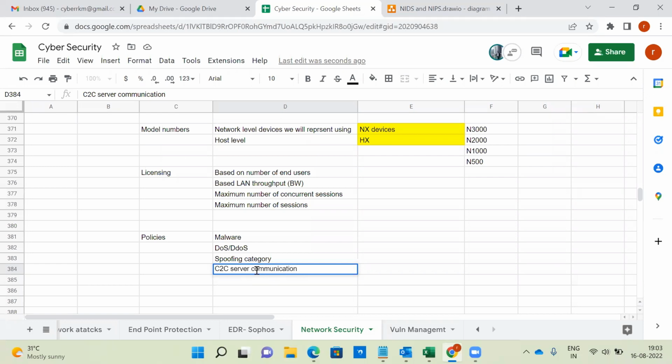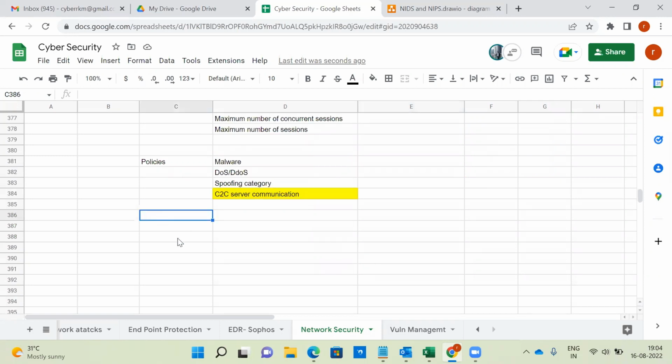One of the systems or servers got compromised, and as per the cyber kill chain process, the system is getting compromised and those outbound connections are reaching the command and control server. So whenever we talk about IDS IPS, this is a very important use case. C2C server communication is nothing but one of the systems or servers got compromised and it keeps on communicating to the command and control server. So it's one of the critical use cases. In such a way, we have to configure the policies.